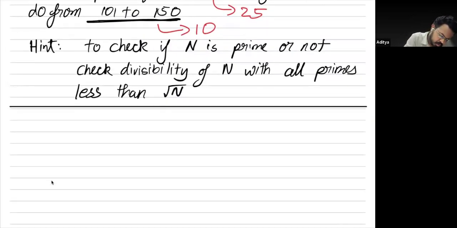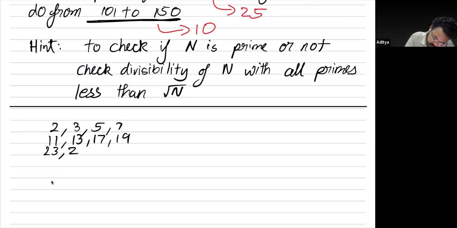Okay, I'll start writing down the smaller ones. 2, 3, 5, 7, 11, 13, 17, 19, 23, and so on.